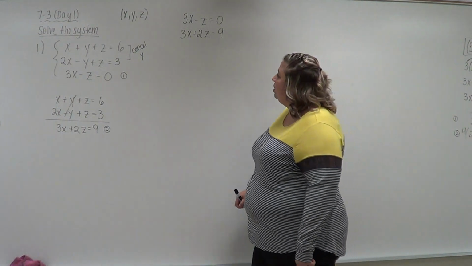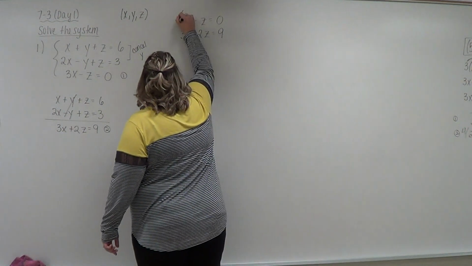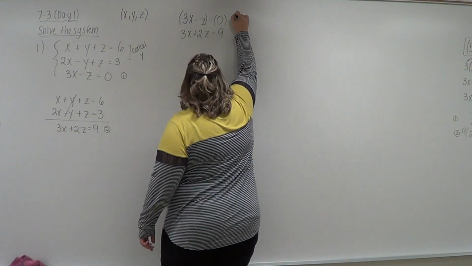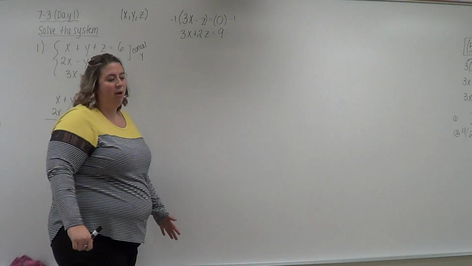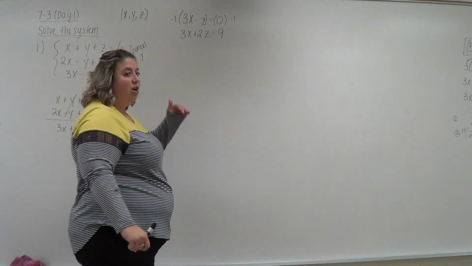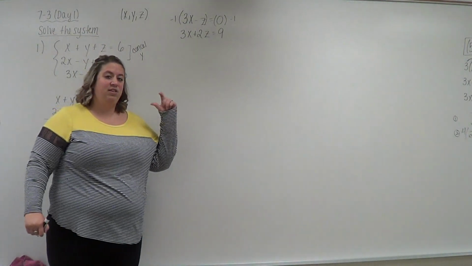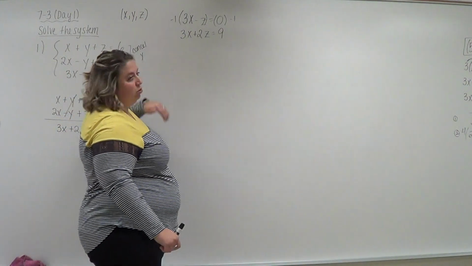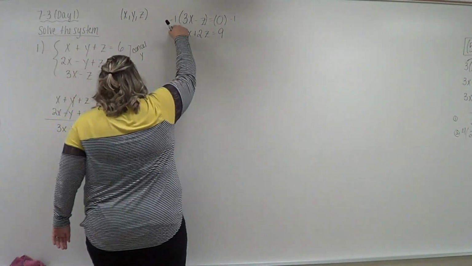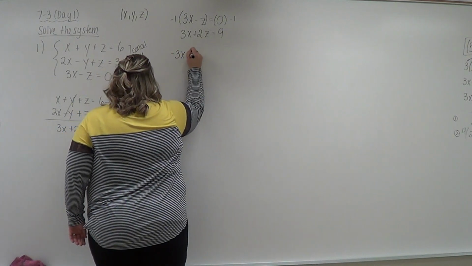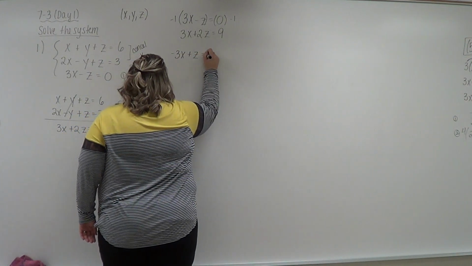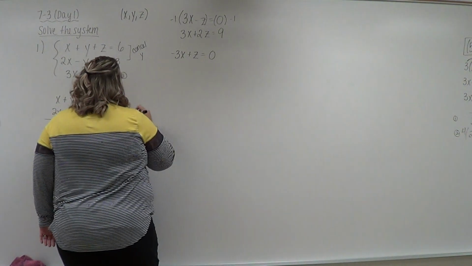So that means I'm going to multiply the first equation by -1. It doesn't matter if you choose to cancel x's or z's, I'm just going with what I want to do. As long as you get one positive and one negative of the same number, these variables will cancel. So when I multiply the first equation by -1, I have negative 3x plus z equals 0.